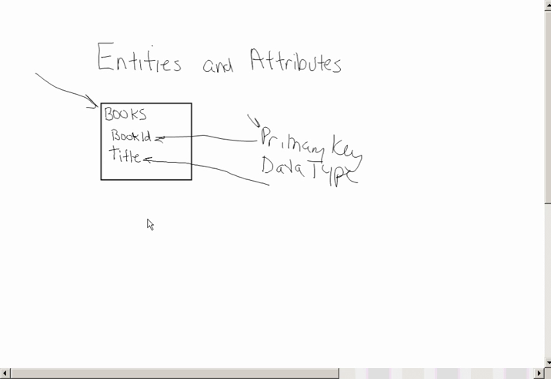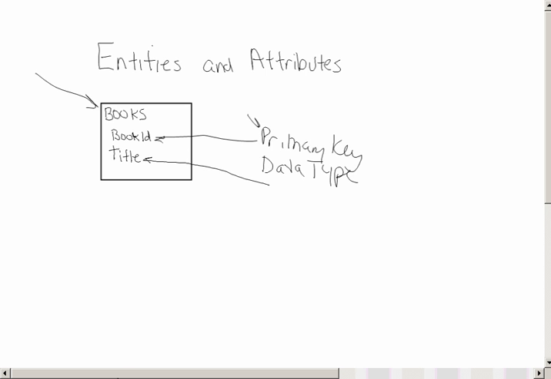They can understand how I'm creating that relationship, because oftentimes the way that that relationship is established is through the use of keys, be they foreign keys, primary keys, etc.